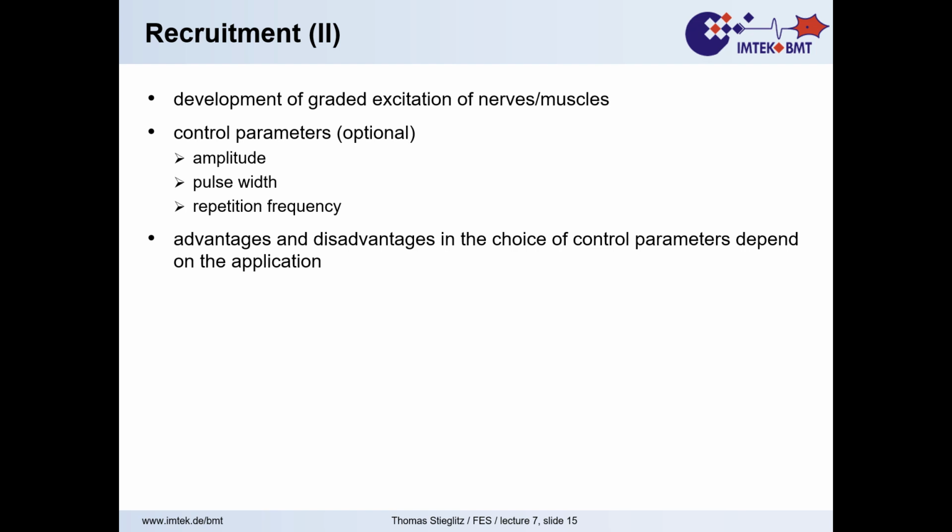I believe due to better intuition with keeping the pulse width constant and varying the amplitude, more groups have taken that opportunity. But all in all, it's the same idea behind that. And what you use depends on the application at the very end and on your colleagues and the availability of whatever technology.